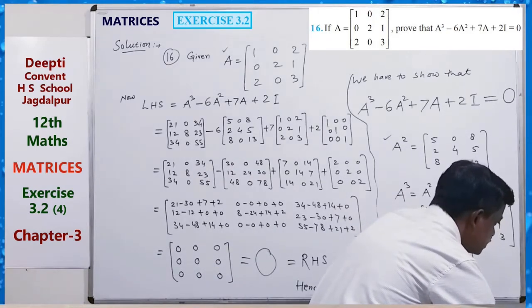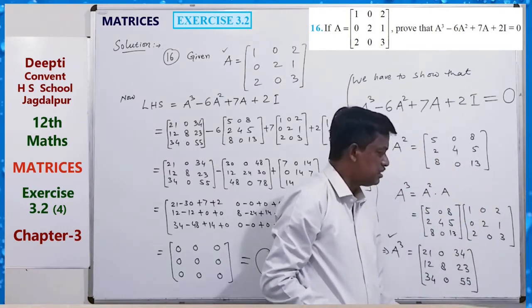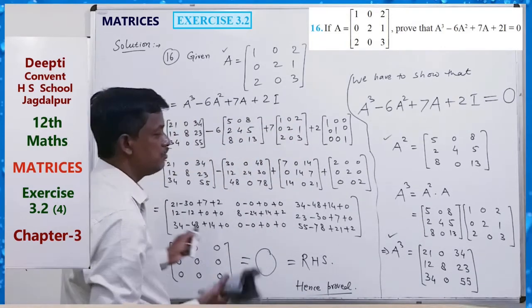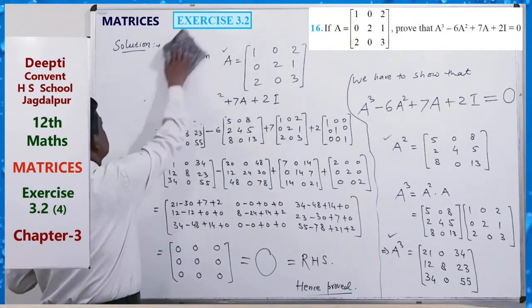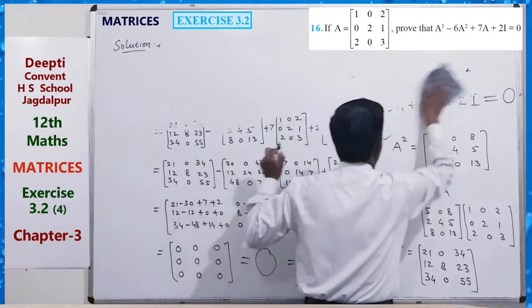So, question 17. Here we have to find the value of k. It is given that A square equals kA minus 2I. Here A and I are given. I is a 2 by 2 matrix. This is a very simple calculation.